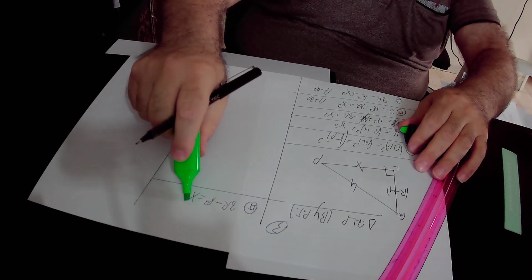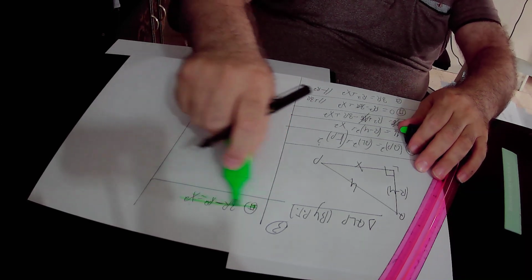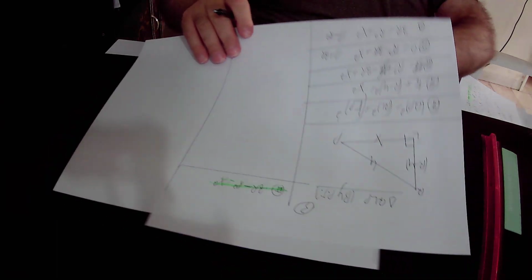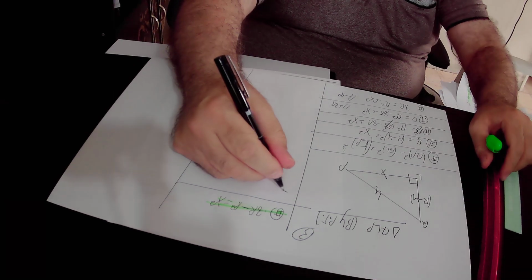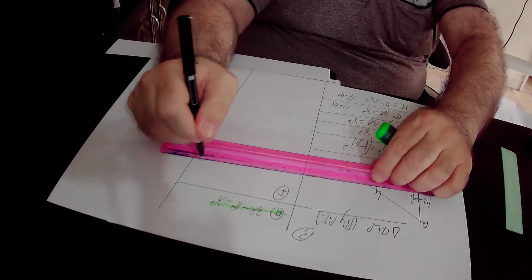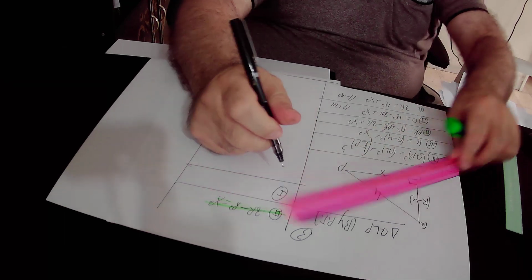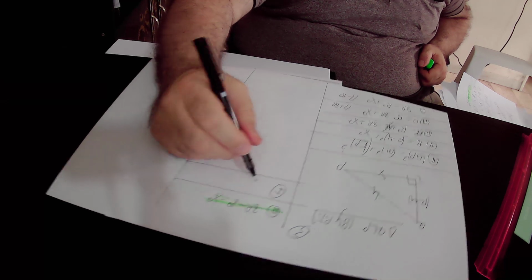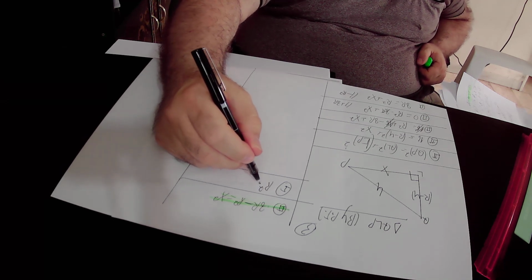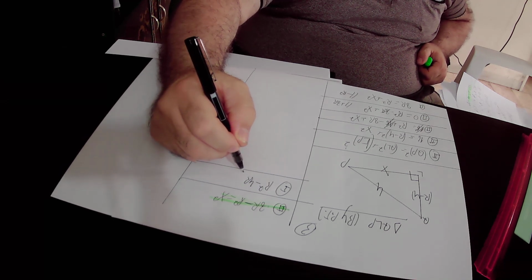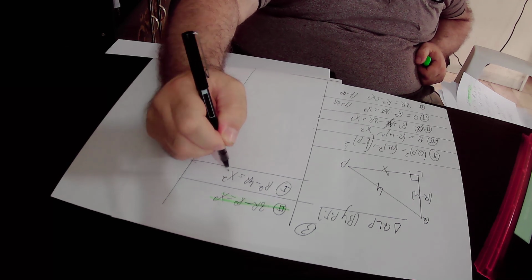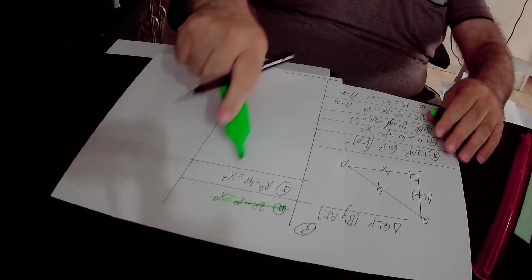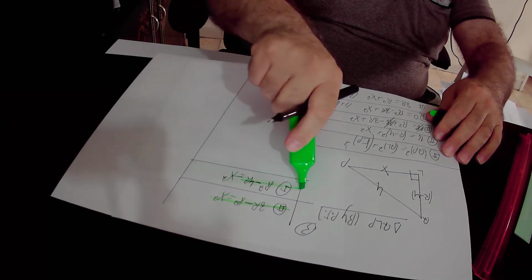X squared equals 8R minus R squared according to equation number 2, while we have already found out that according to equation number 1, R squared minus 4R equals X squared. So actually we have here two different expressions for X squared.